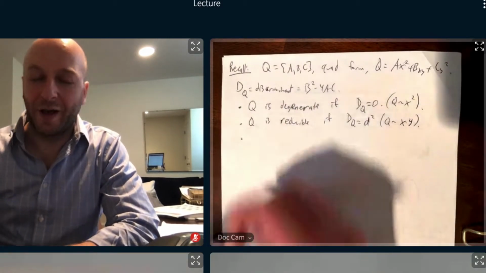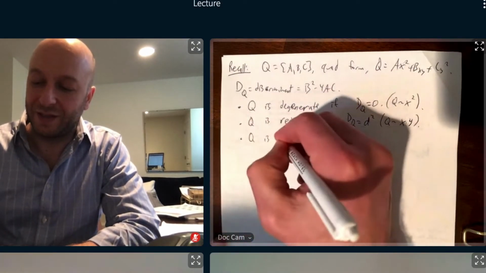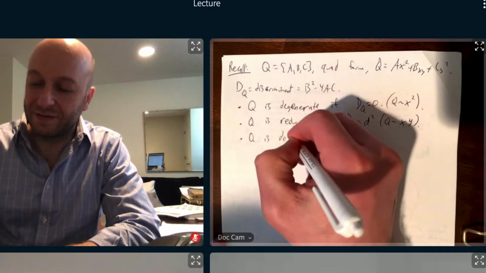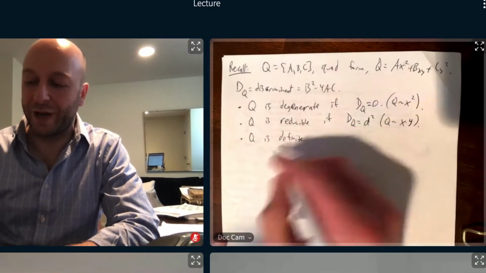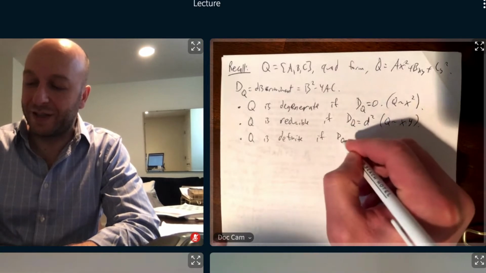Then we talked about being definite or indefinite. Q is definite, and it could be positive or negative definite.